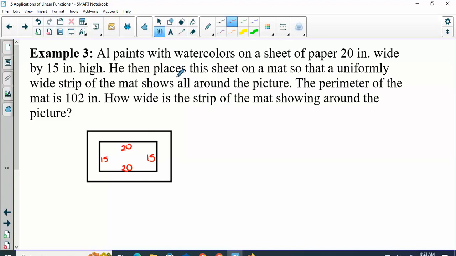We don't know how big this is, but I know that it's uniformly wide. That means it's the same distance showing on all four sides. So what could I call that? X. So if you did this in words, X would be the width of the mat that is showing.